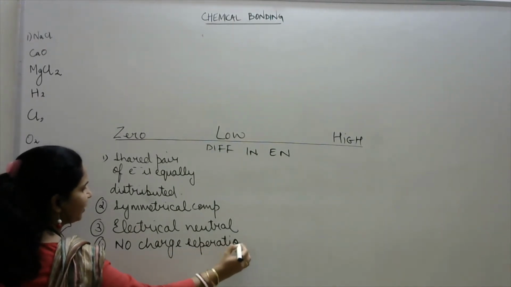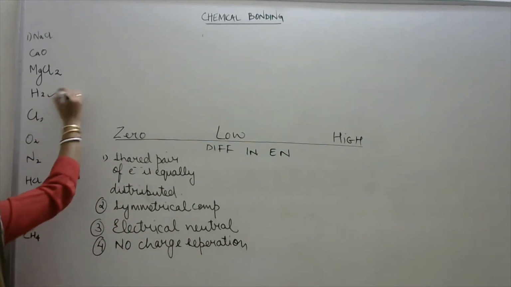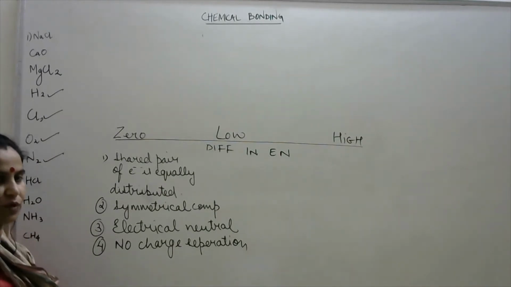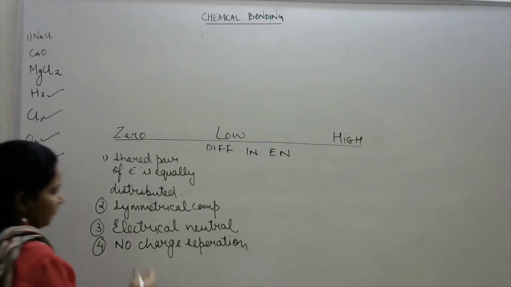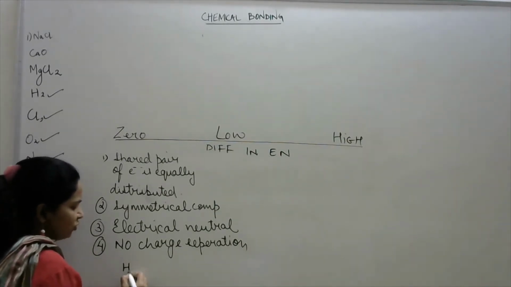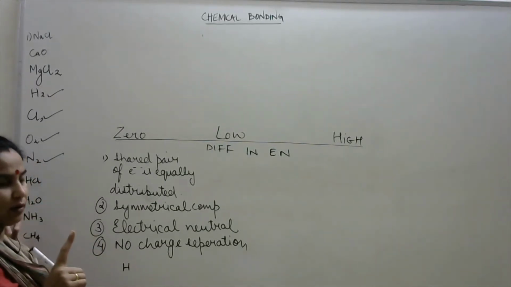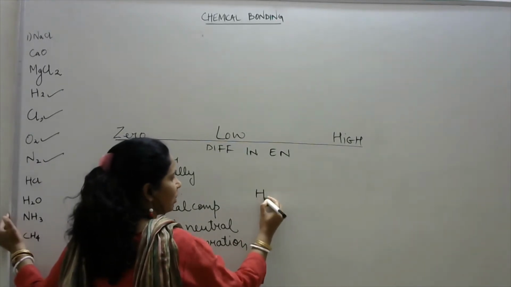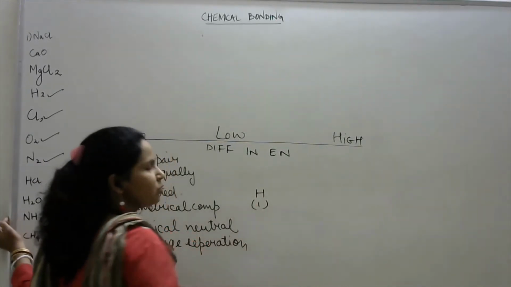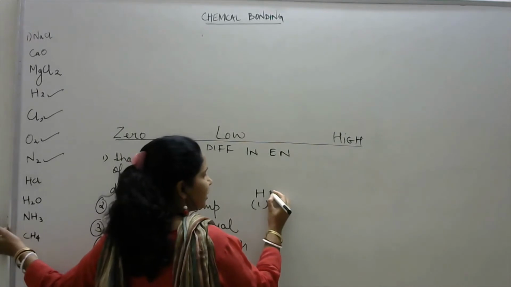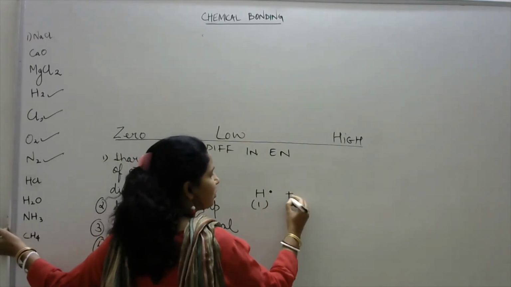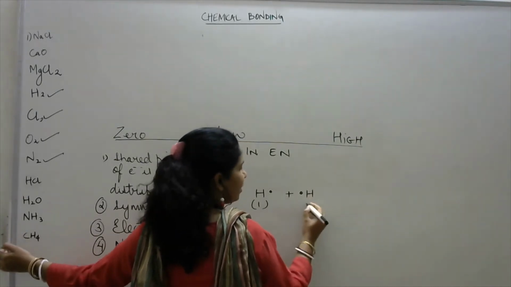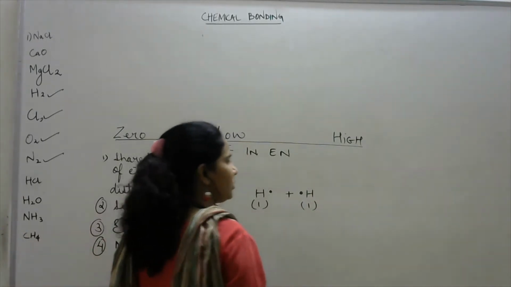For example, if we look here, hydrogen, chlorine, oxygen, nitrogen. Hydrogen is having one electron in its outermost orbit. So let's denote it by one dot. Plus, it combines with another hydrogen having one electron in its outermost orbit.